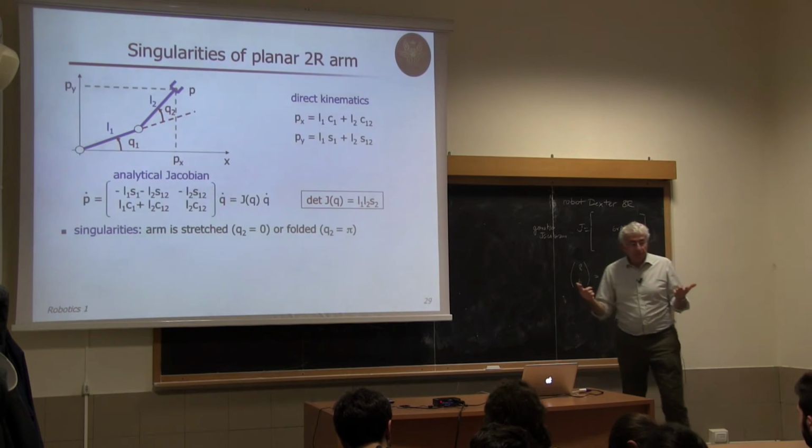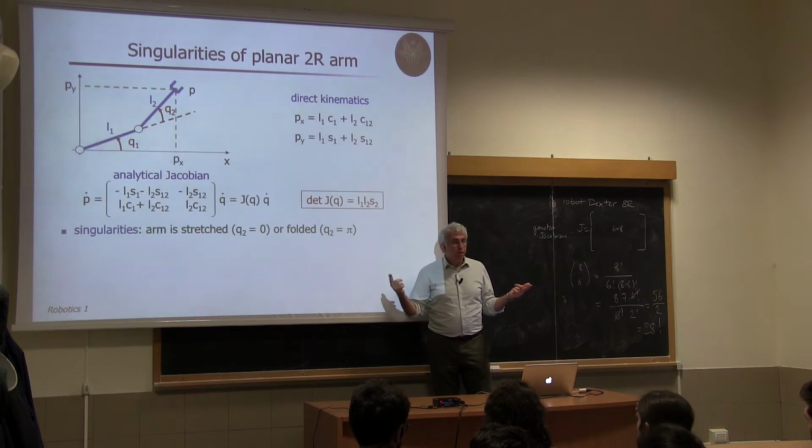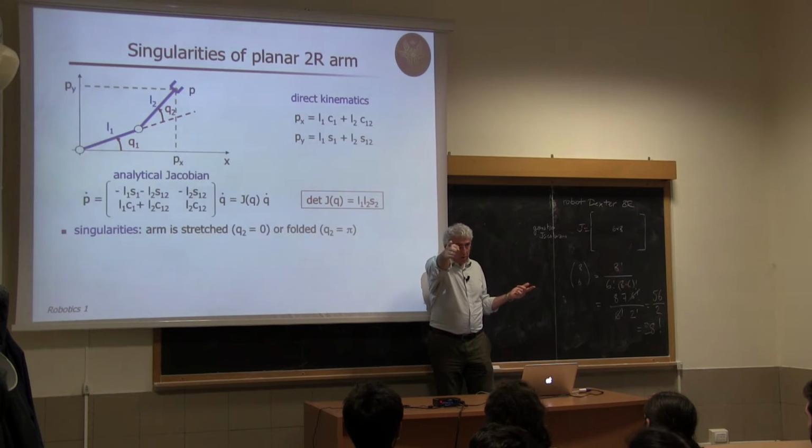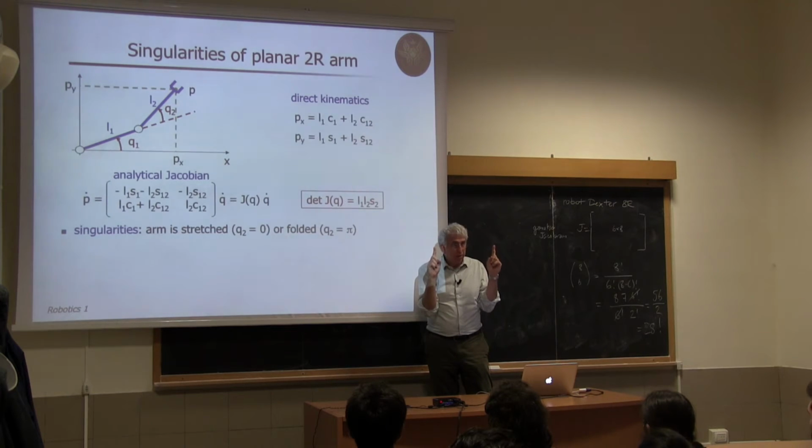Is it true? Where do I find one solution? Q2 equals 0, so on the outer boundary, or Q2 equals pi when L1 is different from L2. So in both cases, I have only one inverse kinematic solution.